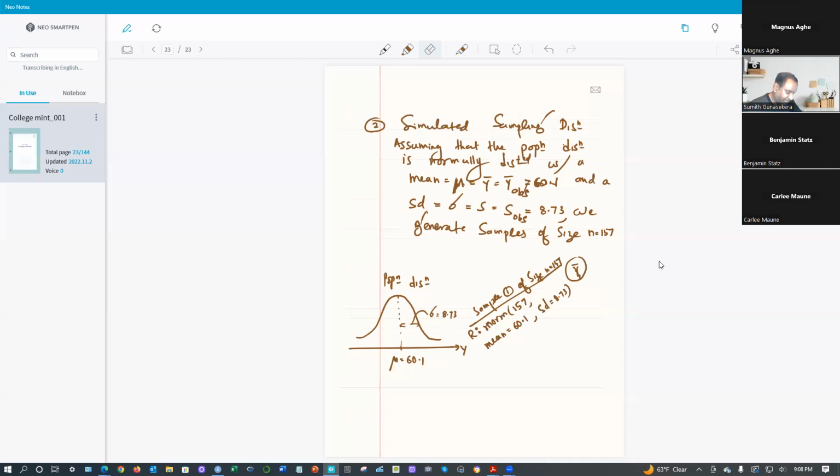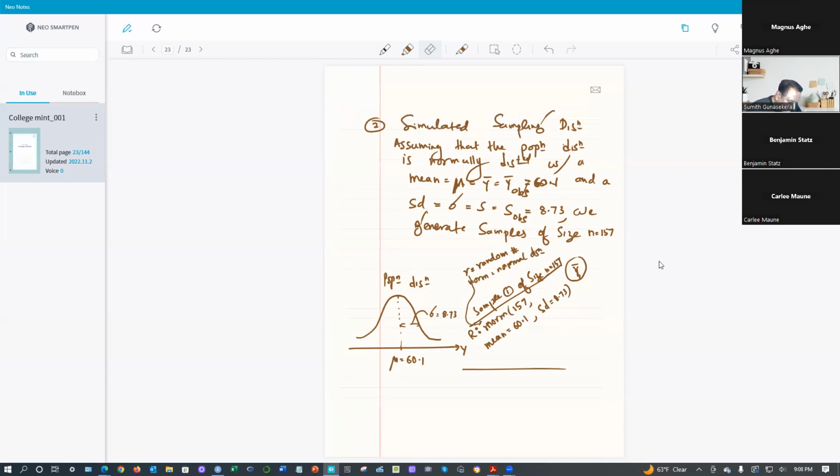So random numbers coming from the normal distribution. R norm. So you can keep doing this.